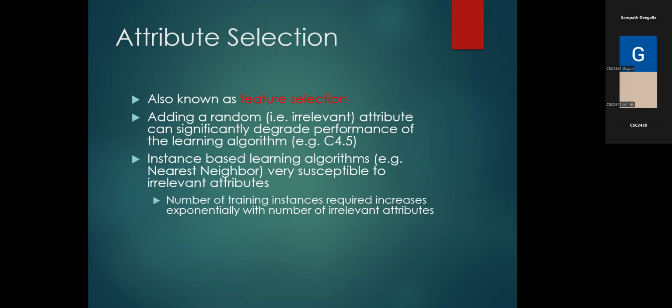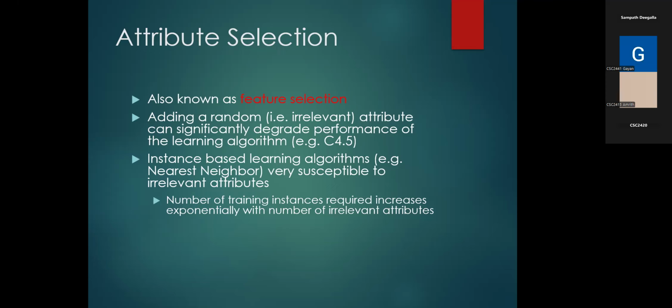Similarly, if you take nearest neighbor algorithms, you notice its accuracy is also very poor when you have irrelevant attributes. That means if your attributes are not relevant to the concept you are looking at, then the accuracy will be very low.